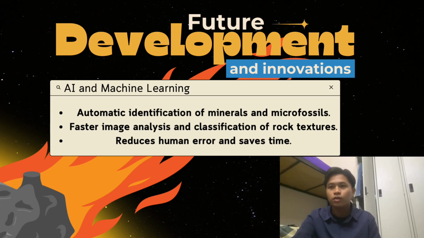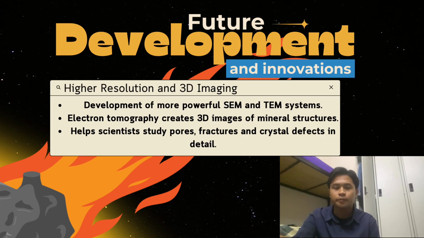They can also analyze and classify rock texture much faster than manual methods. This is especially useful because earth science studies often involve hundreds or even thousands of images. By using AI, scientists can reduce human error, save time, and obtain more consistent and reliable results.